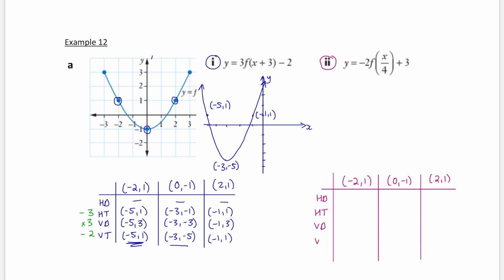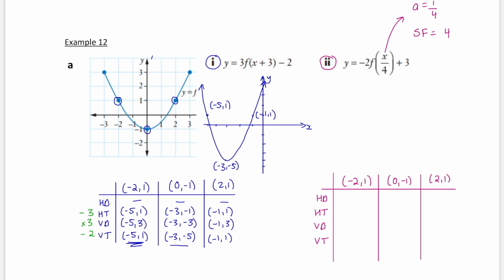Now here I do have a horizontal dilation, which is here. Now with the horizontal dilation, remember that this here is our A value, which is 1/4. For a horizontal dilation, I need the scale factor, which is the reciprocal, which becomes 4.